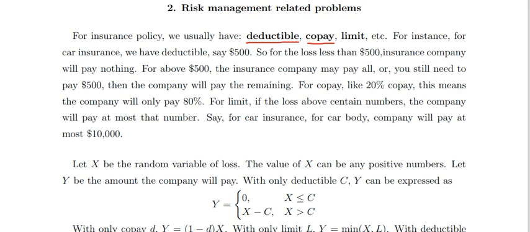And the limit: if the damage is too high, like car insurance, the policy will say the insurance will pay at most $20,000. If the damage is above $20,000, they will not pay. They pay at most $20,000, right? So those are the limits.